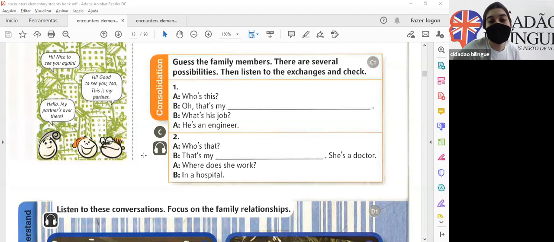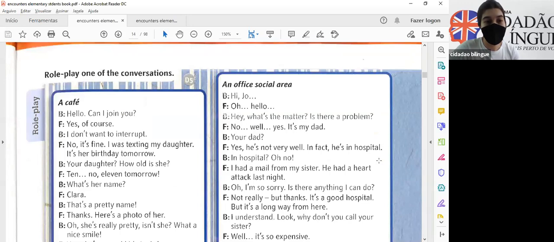Engenheiro. Exactly. And doctor, I think you must know what it is, right? Médica. All right. Any questions, you guys? No? Okay, let's move on then. Role play. Okay?